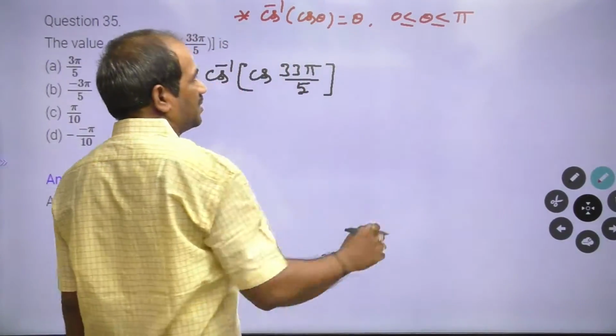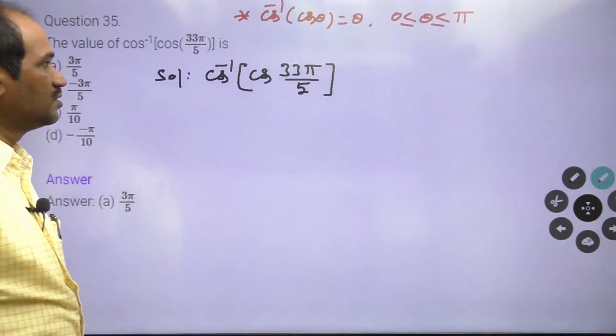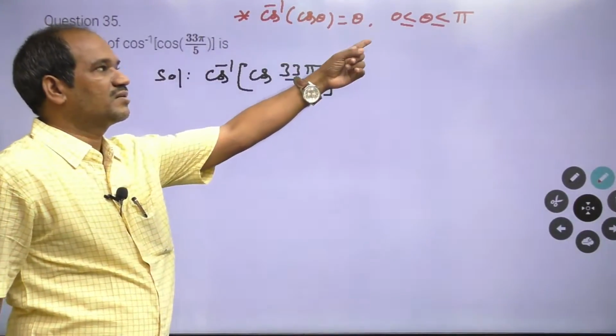Here 33 pi by 5 does not belong to that interval.